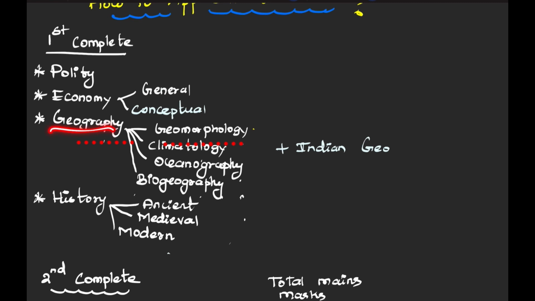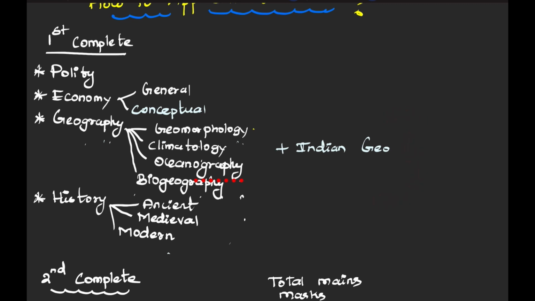Okay, and then geography. Geography can be classified into geomorphology, climatology, oceanography, and biogeography. After studying all this, you should focus on Indian geography. Here it comes under both prelims as well as mains.